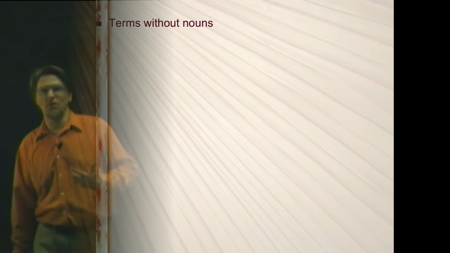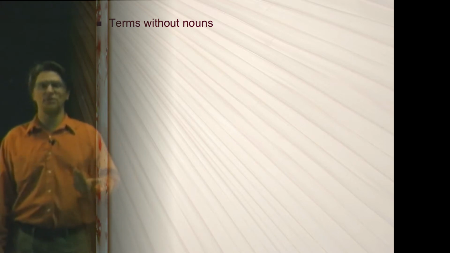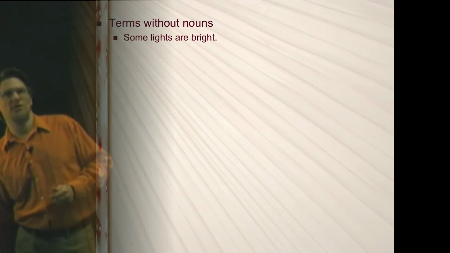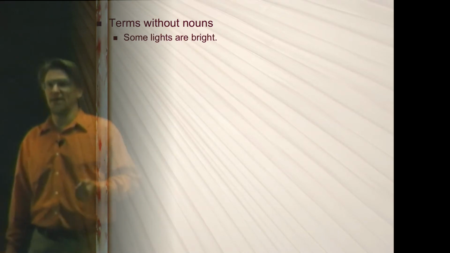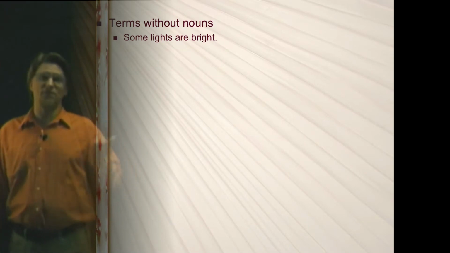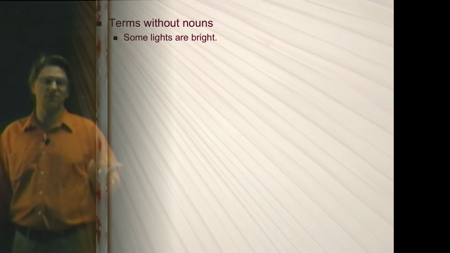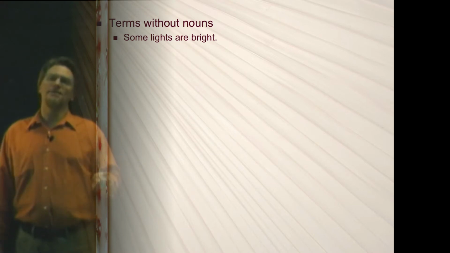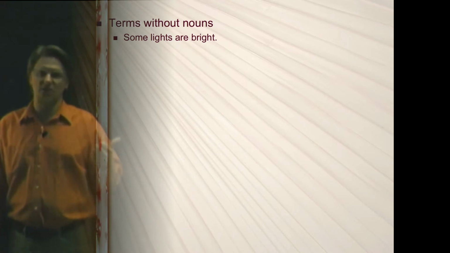As always, we're going to start with the easier examples and then work our way up to more difficult ones. Here we can look at this sentence, some lights are bright. This sentence sounds perfectly grammatically correct, and it is, but actually it's not in standard form.